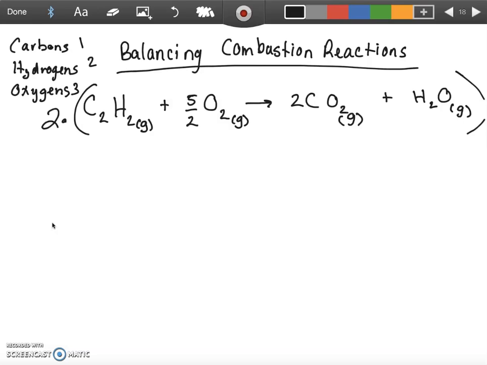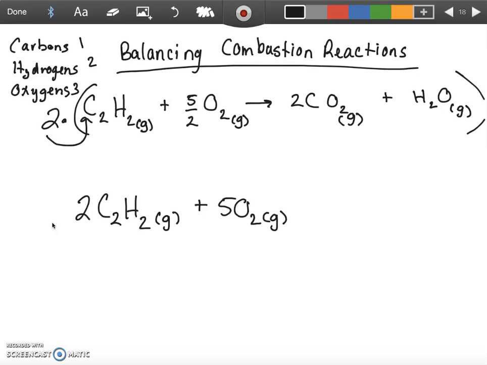If I do this 2 times this 1 in front of this C2H2, I will get 2C2H2 gas. Okay. If I do 2 times this 5 halves, these 2's will just cancel, and then I will be left with 5O2 gas.